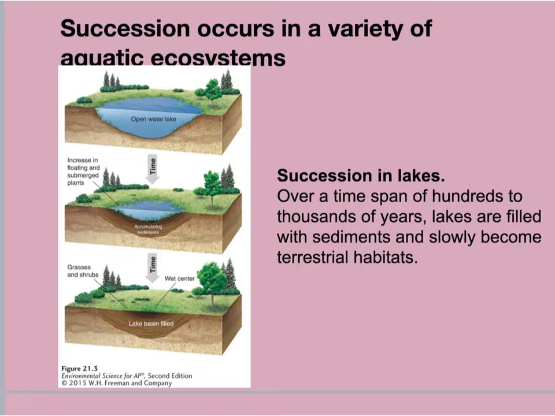The growth of plants, the erosion of the surrounding rock, and the slow filling of this basin with sediments and organic matter make it increasingly shallow. This process, which may take hundreds or even thousands of years, will eventually fill the lake up completely and make it terrestrial, a prairie.